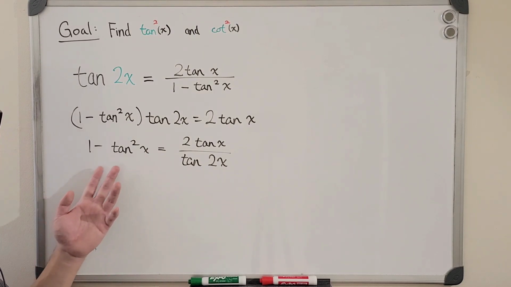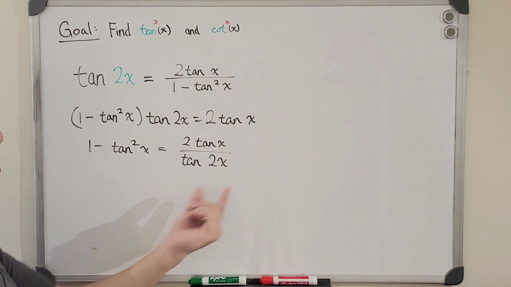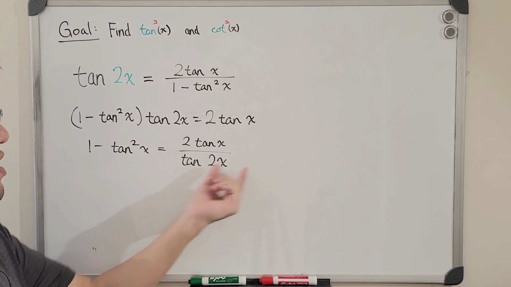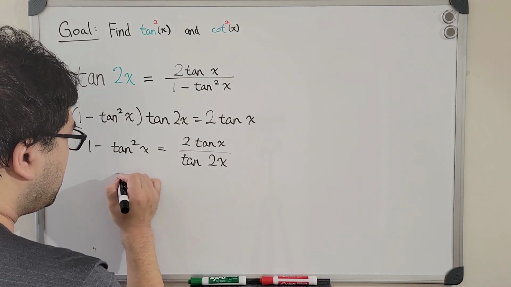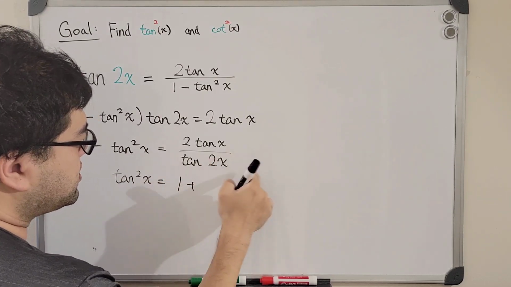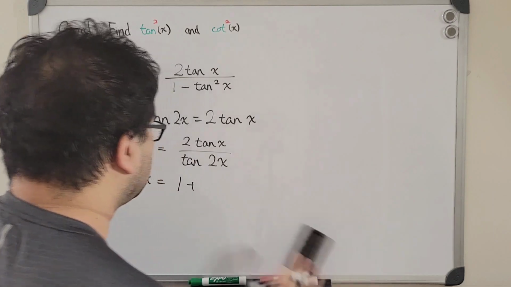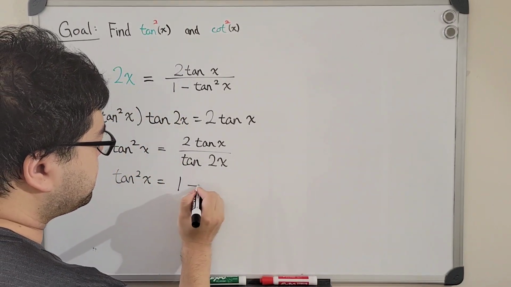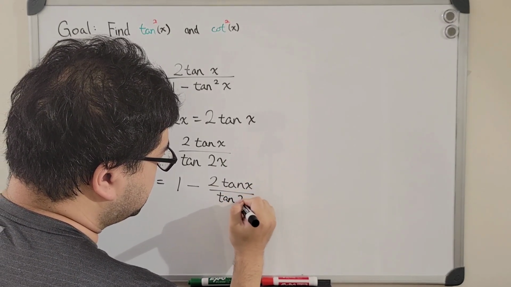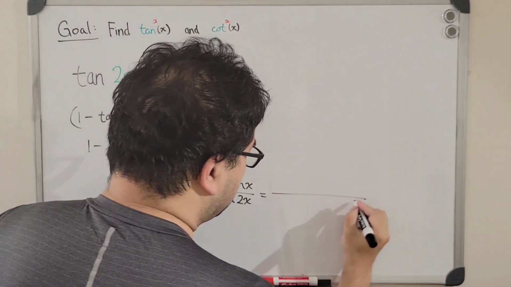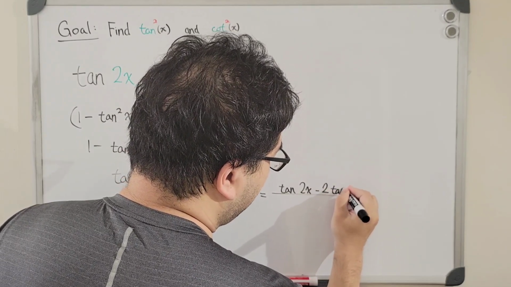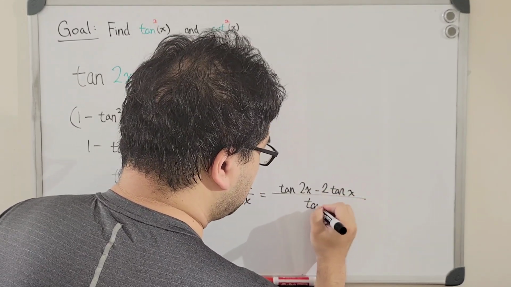And finally, we can move the tangent² of x to the right hand side and put the fraction on the left hand side by subtracting the fraction, and then add the tangent² to the other side to give us tangent² of x is equal to 1 minus the fraction, which, if we put them together, gives tangent of 2x minus 2 times tangent of x all over tangent of 2x.